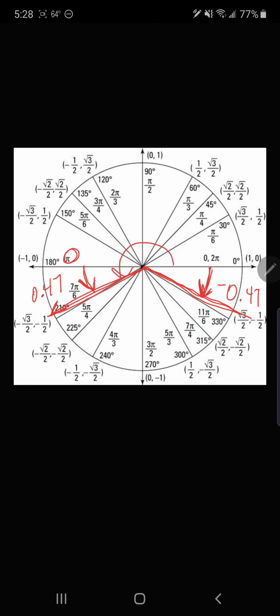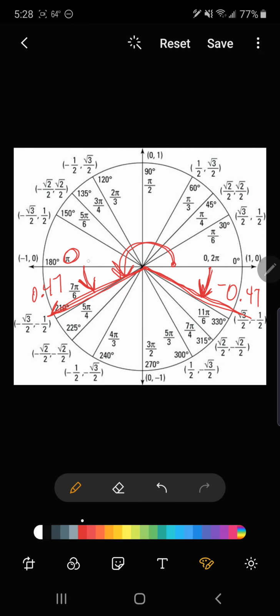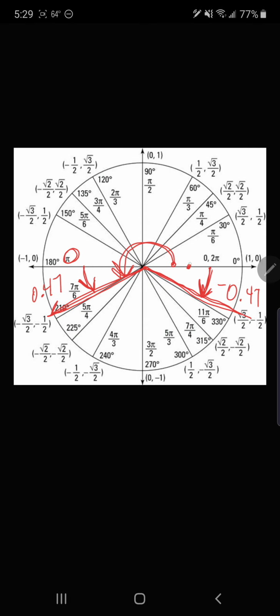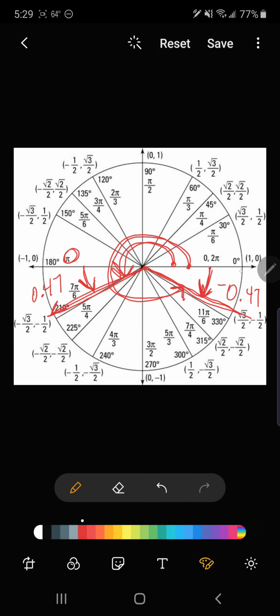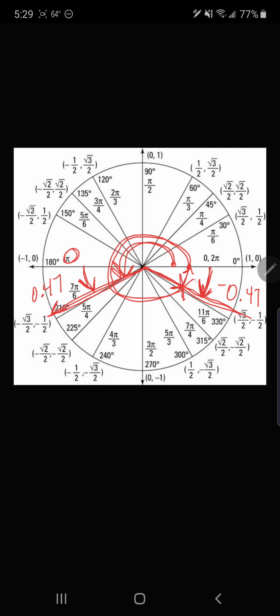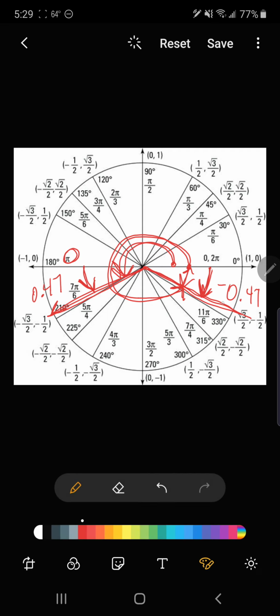From here to here, the angle in the third quadrant is pi plus 0.47. And the fourth quadrant angle, if I go from here all the way around to here, is 2 pi minus 0.47, because if I keep going, I get a full circle.